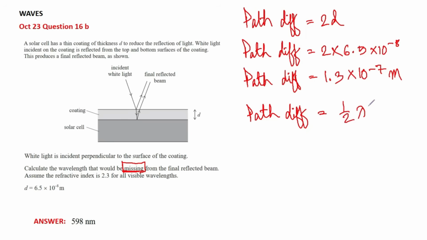Make lambda the subject of the equation. Lambda equals twice the path difference. You have already found the path difference, just multiply it by 2. 2 times the answer gives you 2.6 times 10 to the power minus 7 meter.